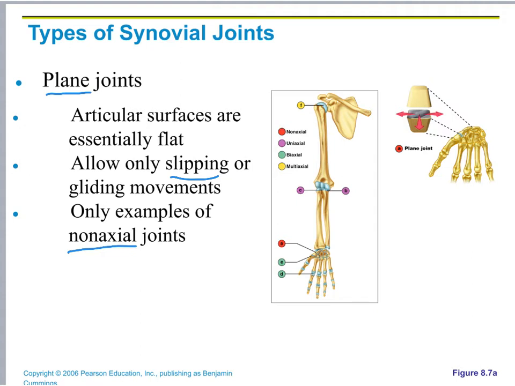The example of the plane joint here, the non-axial plane joint, is indicated in red. This is a carpal joint. And between your two little marbly wrist bones, all you get is this kind of back and forth slipping movement that occurs there.